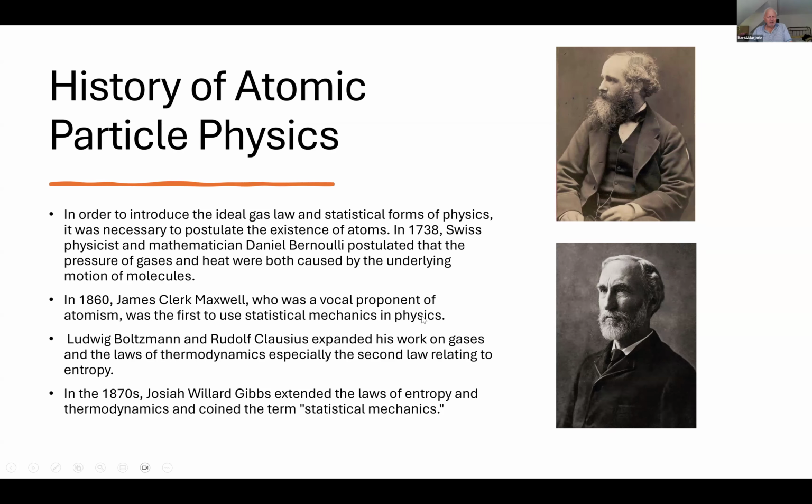And in 1860, Maxwell, who was a very vocal proponent of atomism, used this to derive what is now called statistical mechanics. And these are fundamental relations between temperature, pressure, and volume, and heat capacities of different sorts that are still true today. They're taught everywhere.